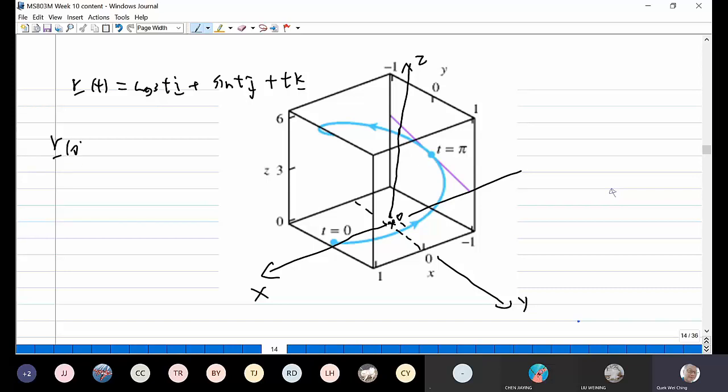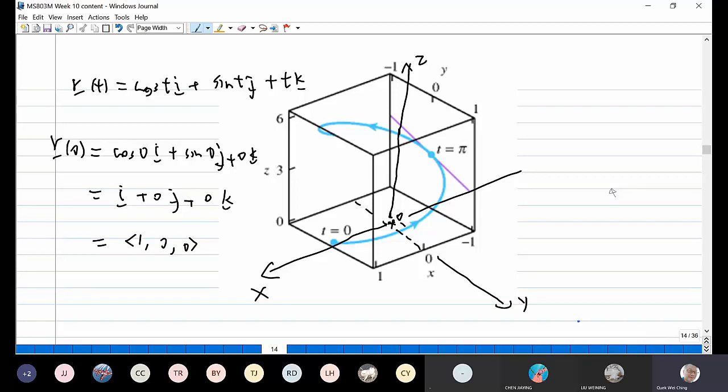You get cosine 0 i plus sine 0 j plus 0 k, which is actually i, or 1, 0, 0. So this is the point (1, 0, 0).